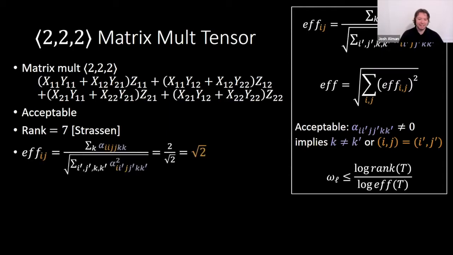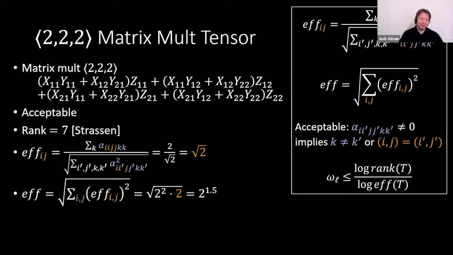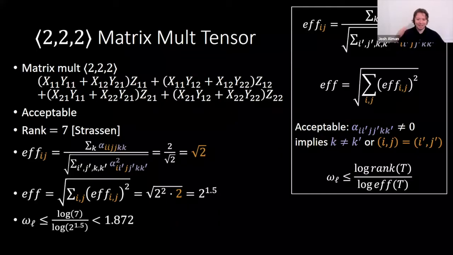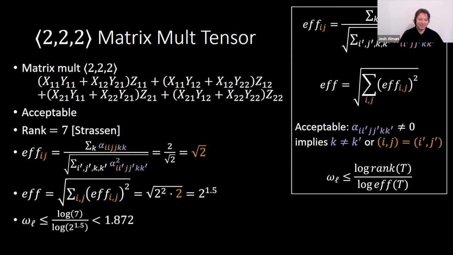Its entry-wise efficacies are: the numerator is the 2 terms that are showing up in the z output, and the denominator is the square root of 2. So the entries' efficacy is square root of 2. The total efficacy, just like before, is 2 to the 1.5. The exponent you get using it is log of 7 over log of 2 to the 1.5, which is 1.872. So this is our baseline that we're trying to beat using these small tensors.